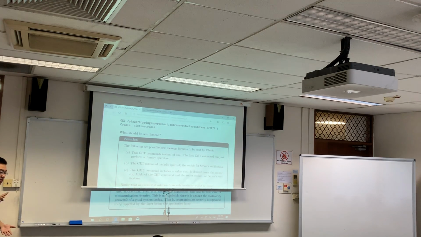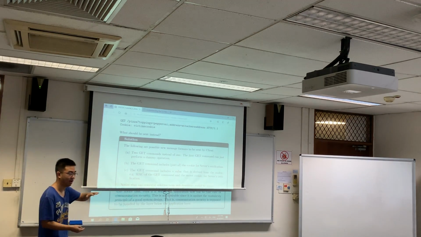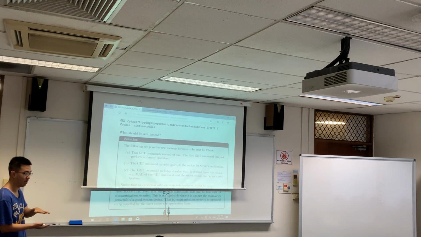So there are many layers in the network, right? The highest layer is the application, like HTTPS, like this get command. And the next one is the protocol or transport layer, like TLS or TCP or UDP, right?